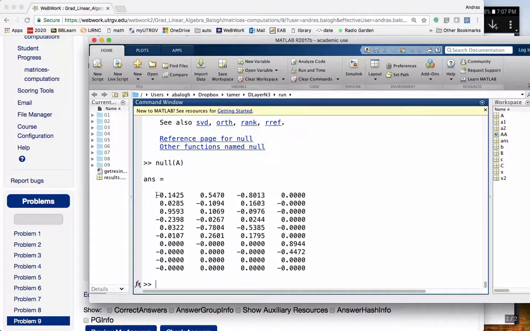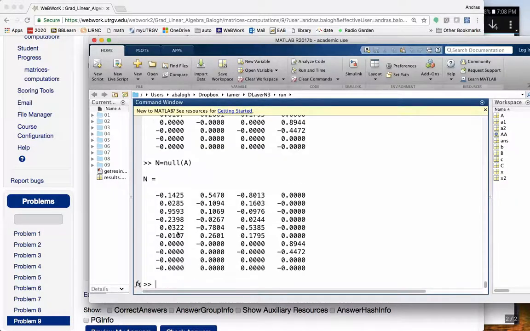So the problem with this is that it's a bunch of decimal numbers, and once you start working with minus 0.0107, omitting the rest of the digits is quite a big rounding error. So what happens is that the null space we calculate, the basis for that, if I just use this command null of A, gives us normalized vectors.